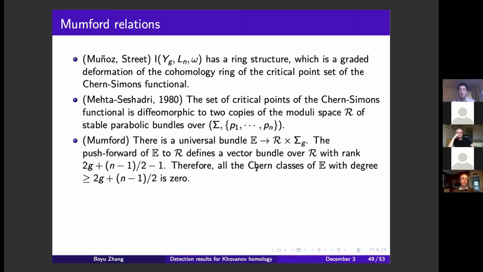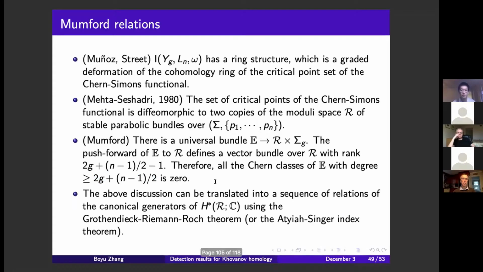As a consequence, all the Chern classes of this vector bundle of higher degree must be 0, because that's higher than the rank of the vector bundle. On the other hand, we can write down formulas for those Chern classes using the family version of the Atiyah-Singer index theorem, and that gives us conditions on the structure of the cohomology ring. So that was the first algebraic ingredient in the proof.